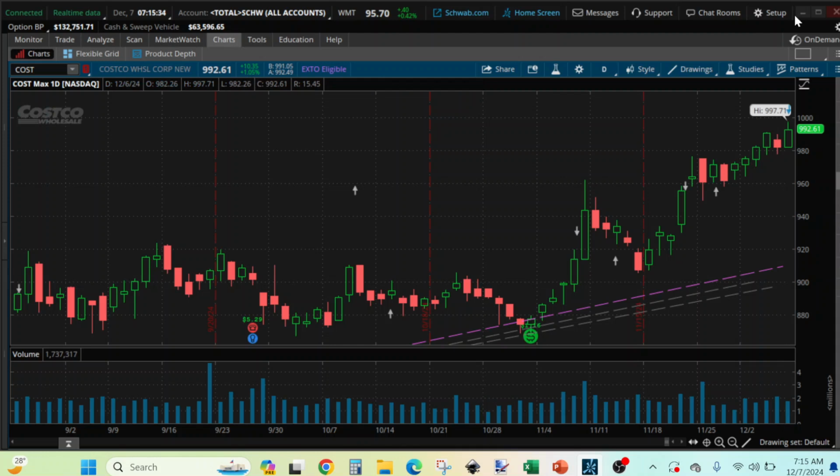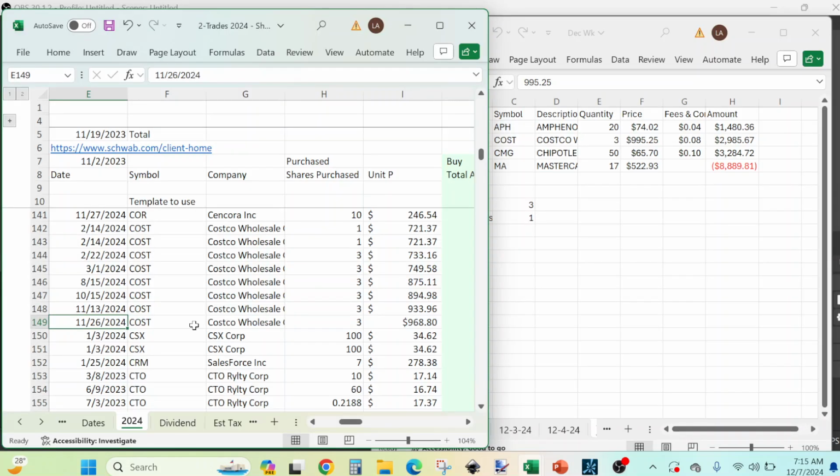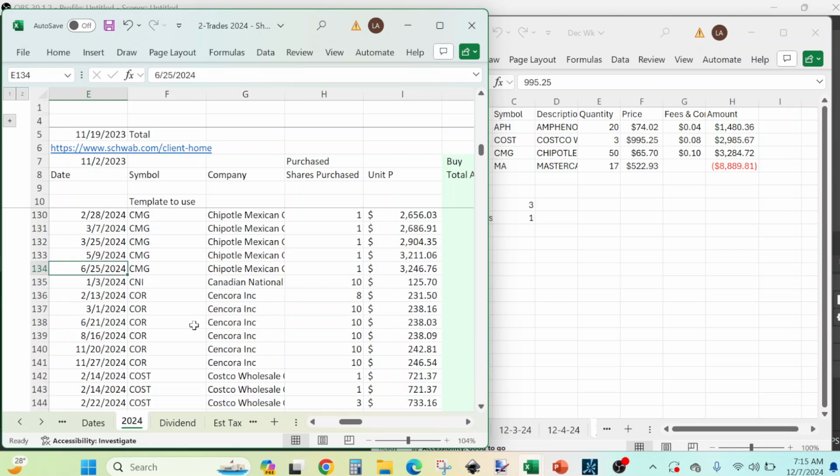So CMG, for us, it's not about making the maximum profit, it's just locking some profit, make some money. So this one we bought in June 2024, and pretty much 6 months before we sold it.